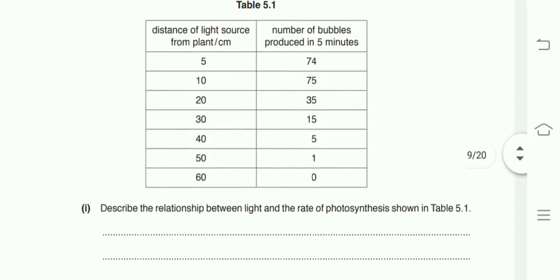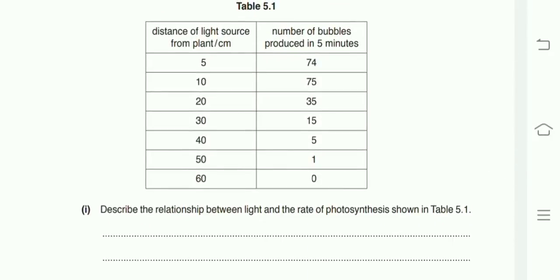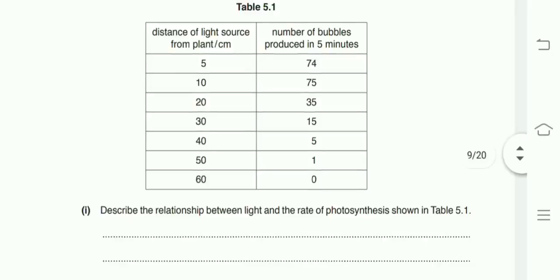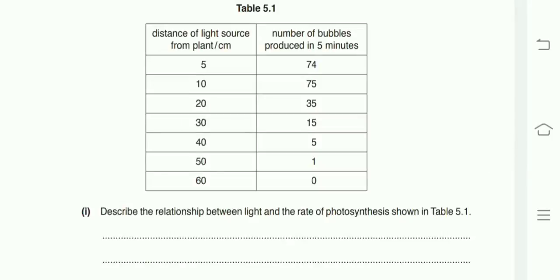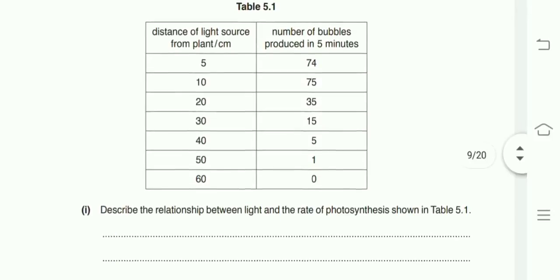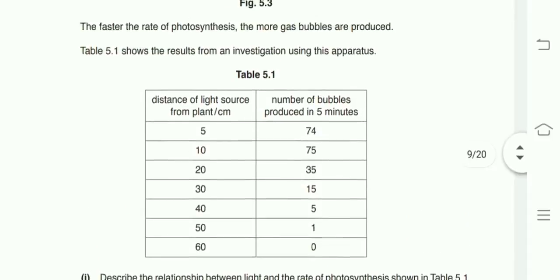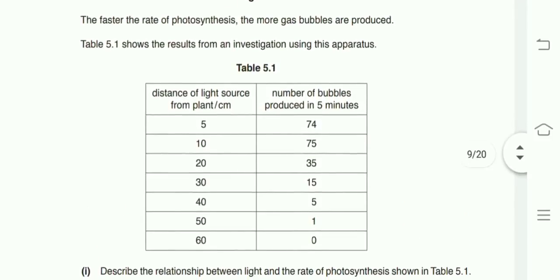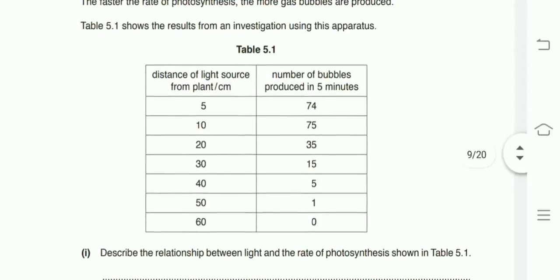So look at here, describe the relationship between light and the rate of photosynthesis shown in table 5.1. So the answer will be: increased light intensity gives increased rate of photosynthesis. So the relationship is not linear. The rate of photosynthesis will peak at 10 centimeters.